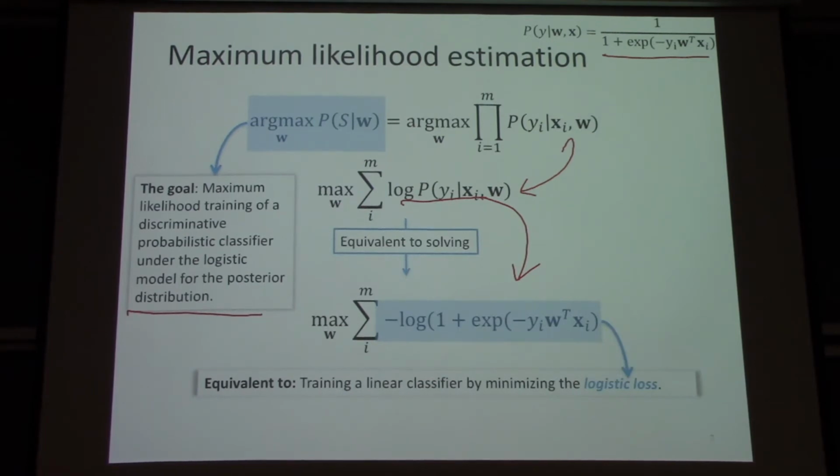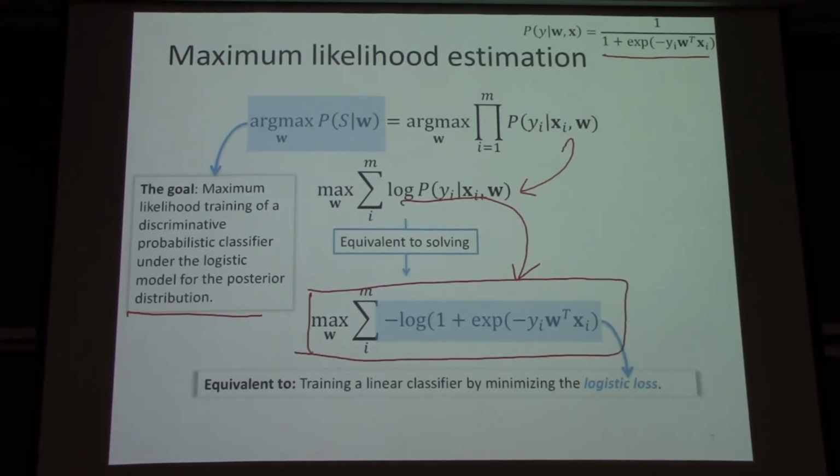That's what we wanted. And you just do a little bit of algebra and an equivalent goal is to find a weight vector W that maximizes the sum of this quantity here. The thing inside the blue box here at the bottom, without the minus, is the logistic loss. So essentially an equivalent goal to maximum likelihood estimation is to minimize this empirical logistic loss over the training set.